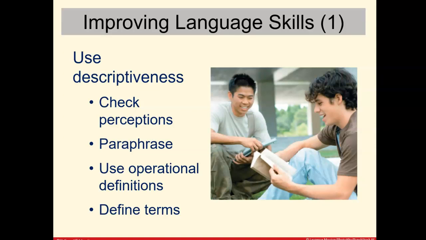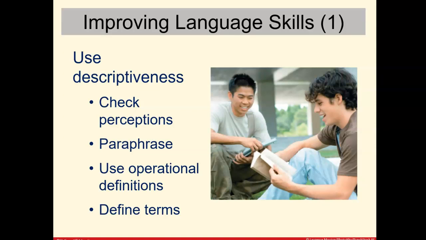Checking your perceptions. Did you see or understand something that you experienced? So you want to make sure that you check your perception. You ask the question, did I understand you to mean this? Which involves the use of paraphrasing. Using operational definitions gives a specific meaning or understanding to a comment.